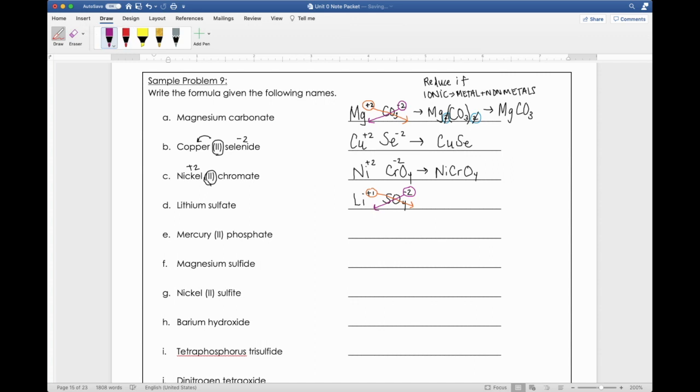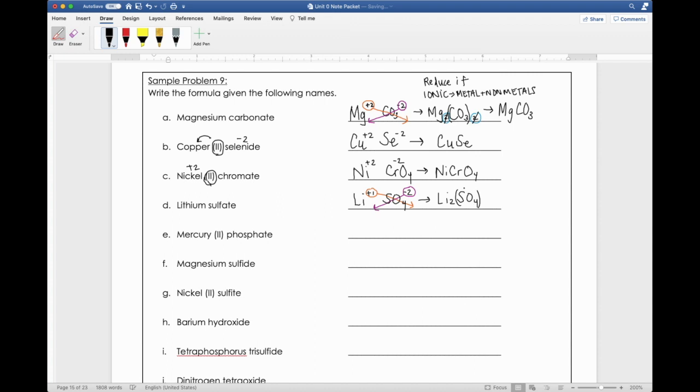So when we rewrite this, we get a final formula of Li2, because that 2 comes down, and we get SO4. So there's only 1 sulfate group here. And remember, you have to keep this whole entire thing together. You cannot replace this 4. That 4 can't go anywhere.